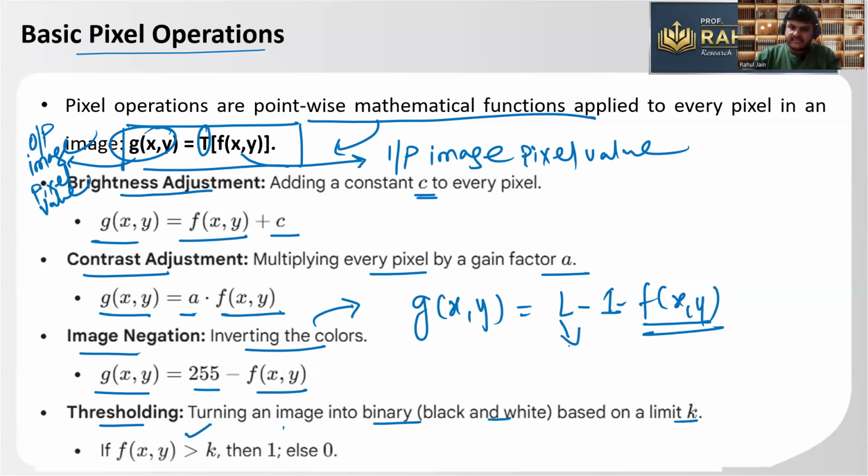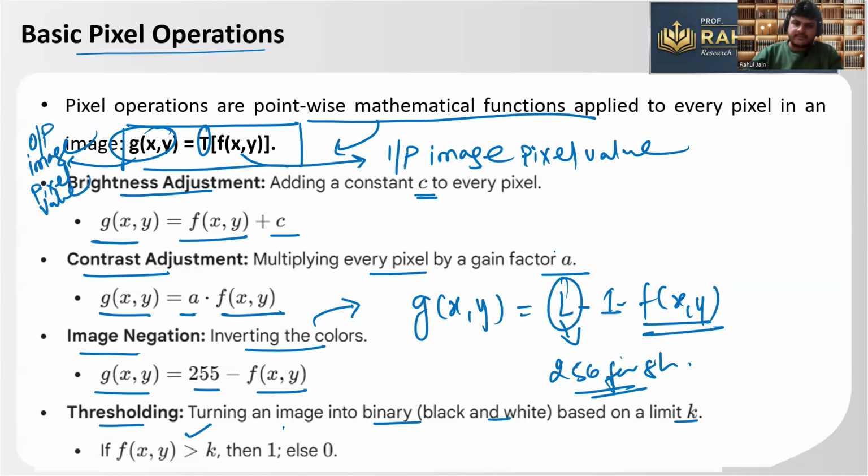L is the number of intensity levels, for example 256 for 8 bits, 2 to the power 16 for 16 bits. So L depends on the bit depth.